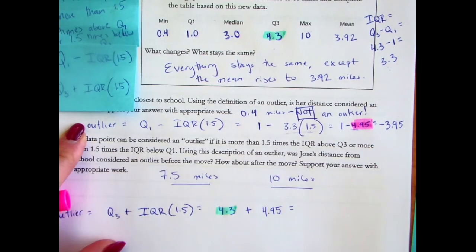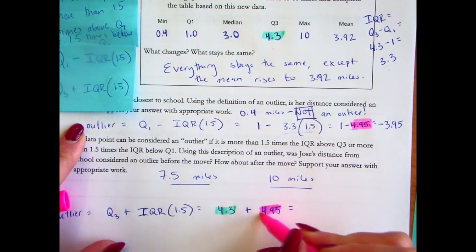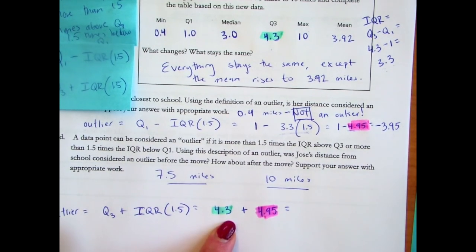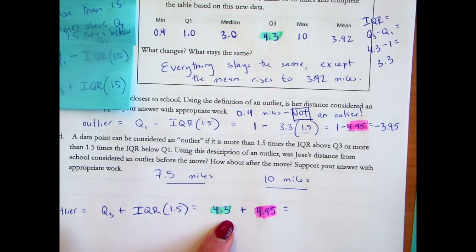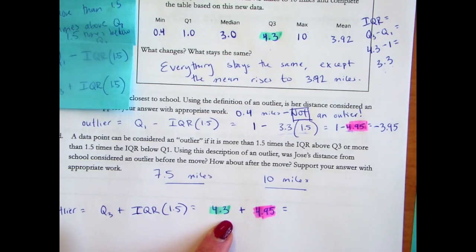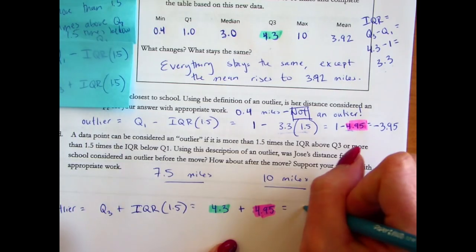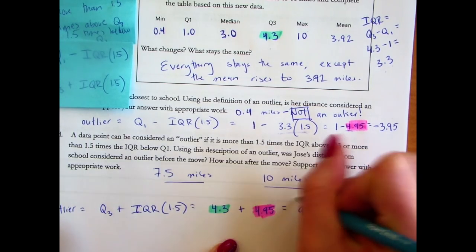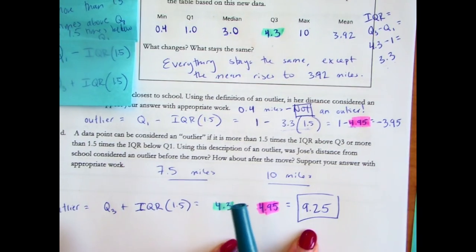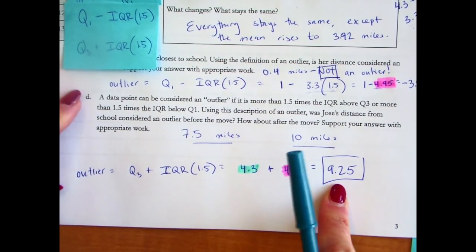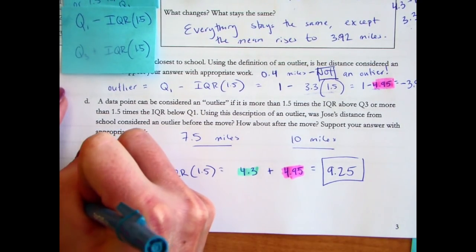So before Jose moved, he was actually not an outlier because he lived within 7.5 miles of school. 7.5 miles is not an outlier because it's not greater than 9.25. But after he moved 10 miles away, he is considered an outlier. Okay, so now that he moved 10 miles away from school, he would be considered an outlier.